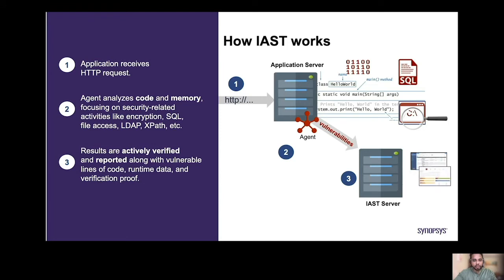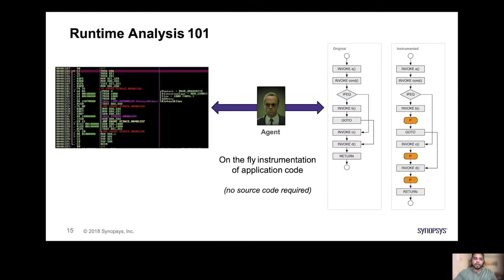However, some advanced IAST solutions can go a step further and replay the original HTTP or HTTPS request with a malicious parameter value and verify that this vulnerability can be exploited. This helps reduce the false positives to nearly zero.